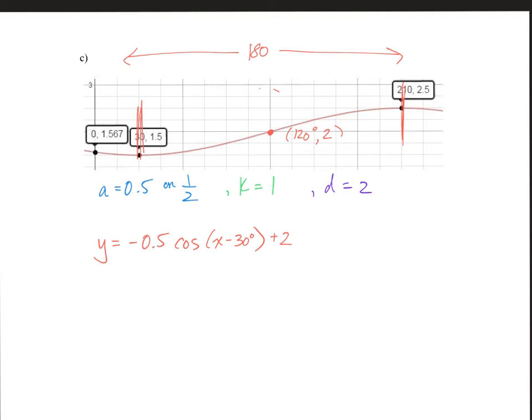So for me to then be able to build my sine curve, as I clean up that graph a little bit, knowing the coordinates of that 120 are going to tell me that then I could build my 0.5 sine. I shift it to the right 120 degrees to get to my starting point.